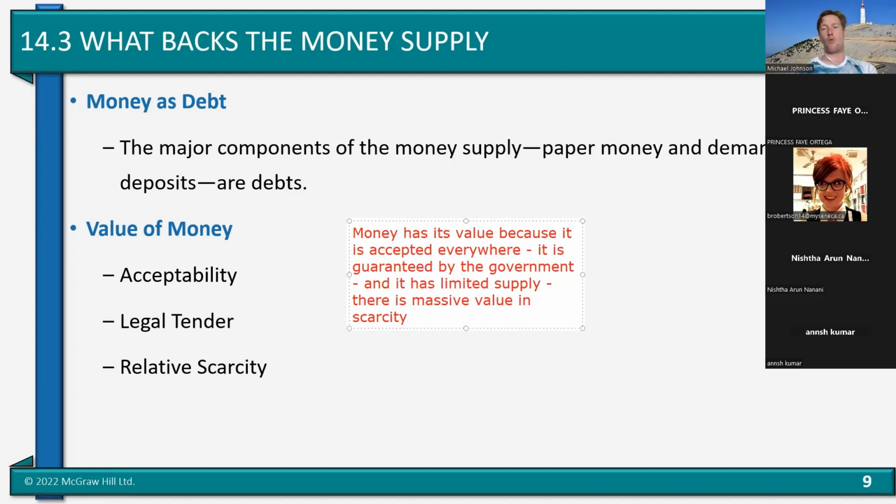So I'll ask the class, what else gives money its value?